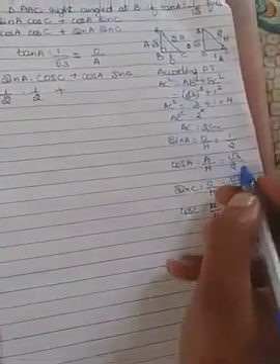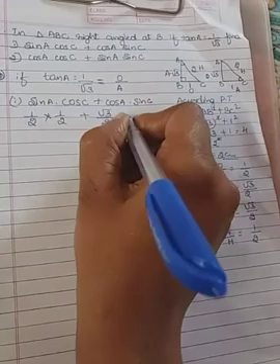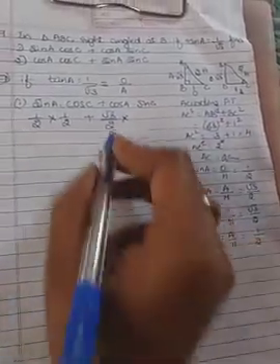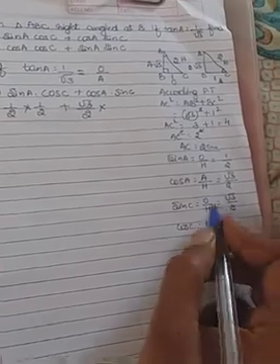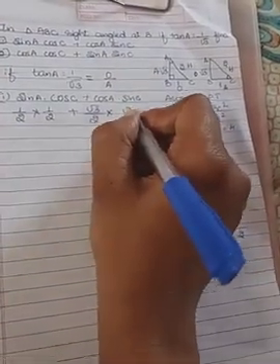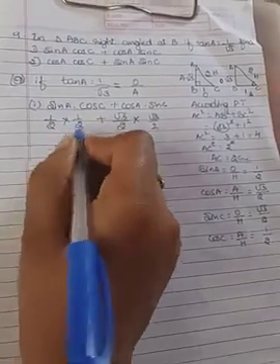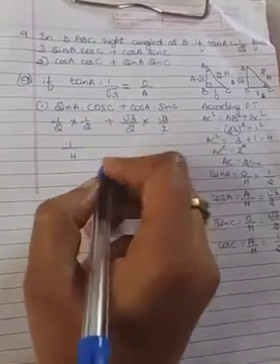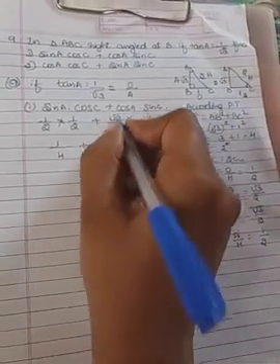plus cos A we got root 3 by 2 into sin C, and sin C we got root 3 by 2. I wrote the multiplication sign so you get to know. So 1 ones are 1 and 2 twos are 4, multiplying the numerators and denominators, plus root 3 into root 3.